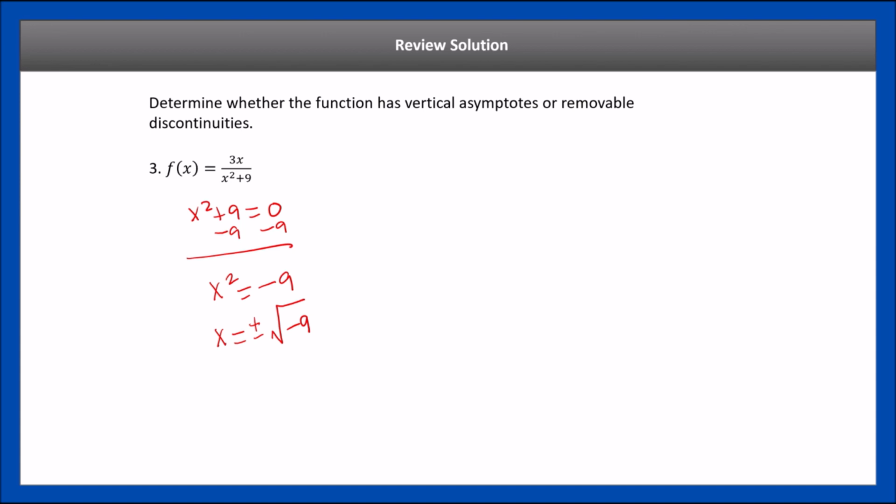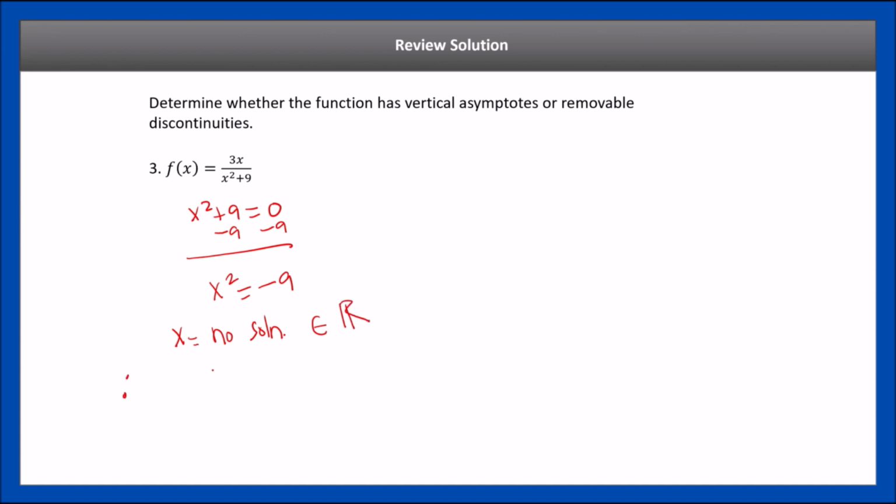So we're going to say that there is no solution in the real numbers, right? So in that case, we're going to say that there are no vertical asymptotes, okay? So for this equation, x has no solution in the real numbers, right?